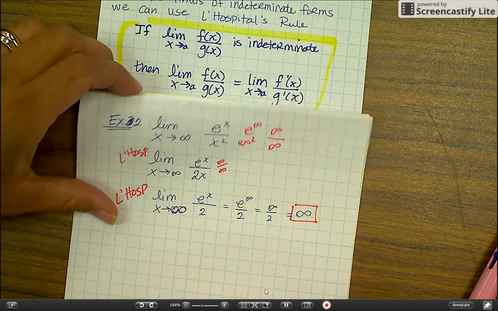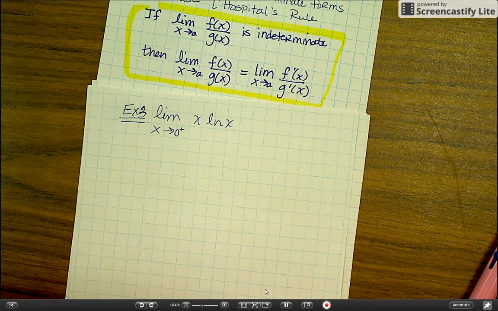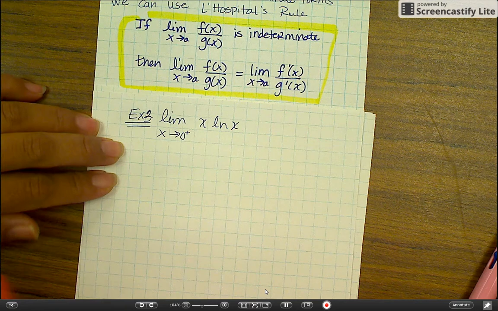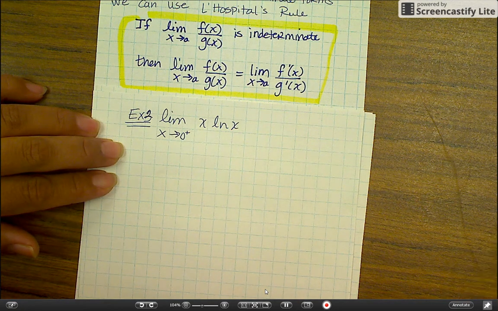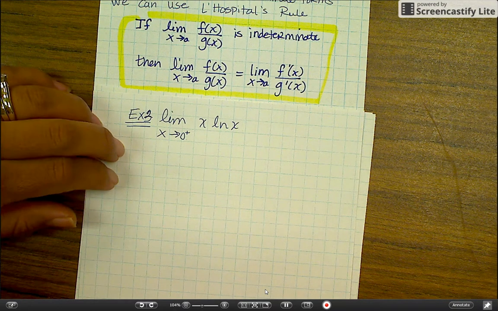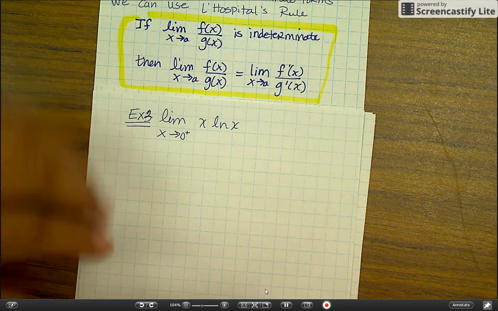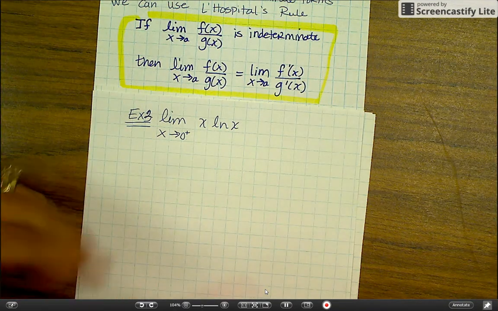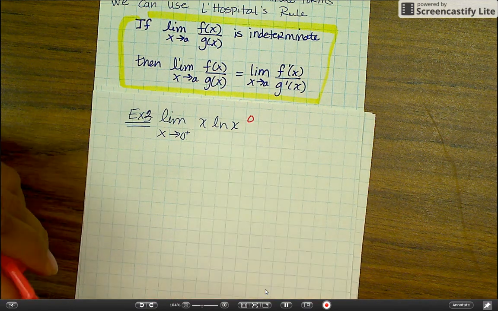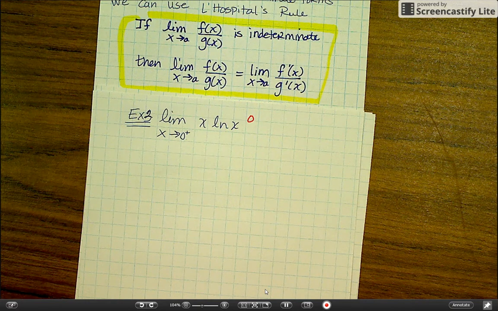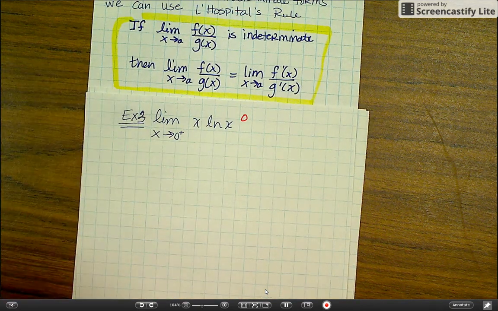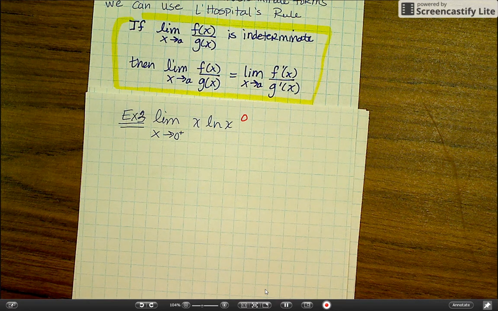All right, so now let's try this one. If I put in 0 into my x, I'm going to have 0. And if I put in 0 into the natural log, now you cannot take natural log of 0. But we are approaching 0 from the right, which means that we're not necessarily looking at 0.